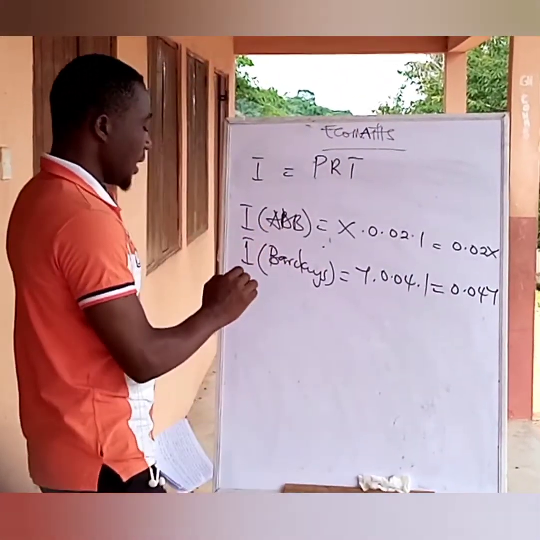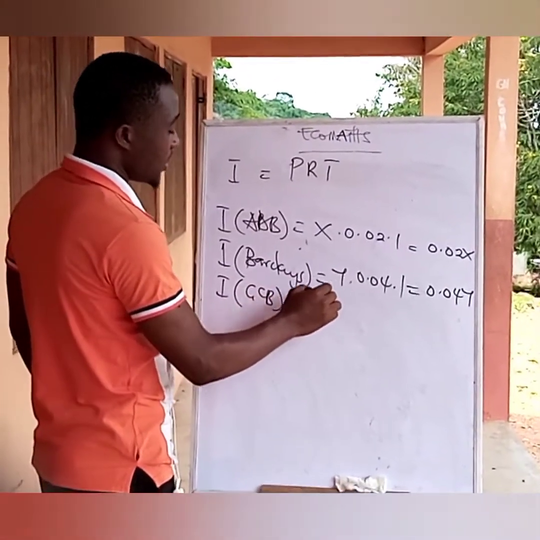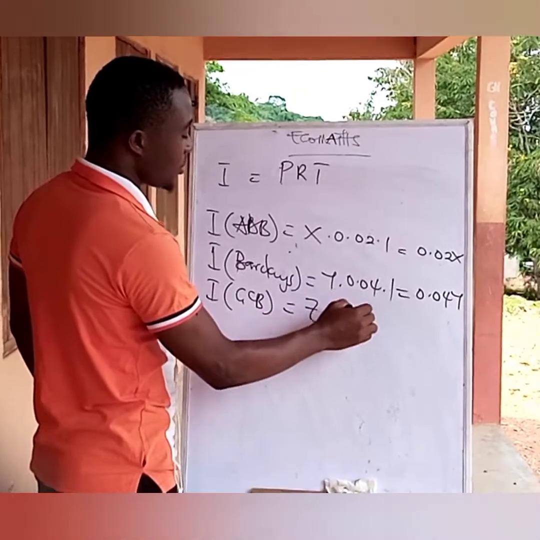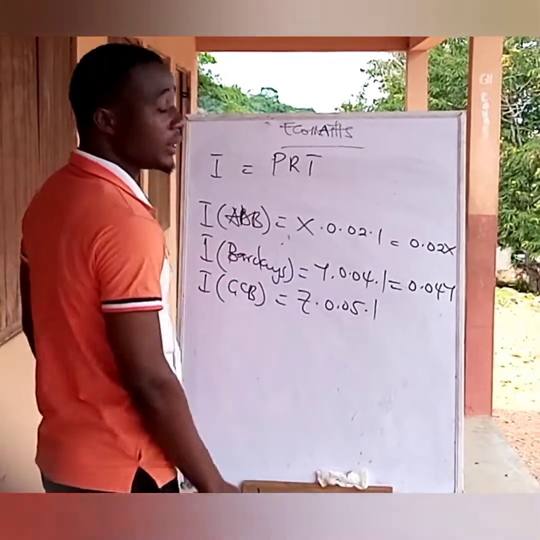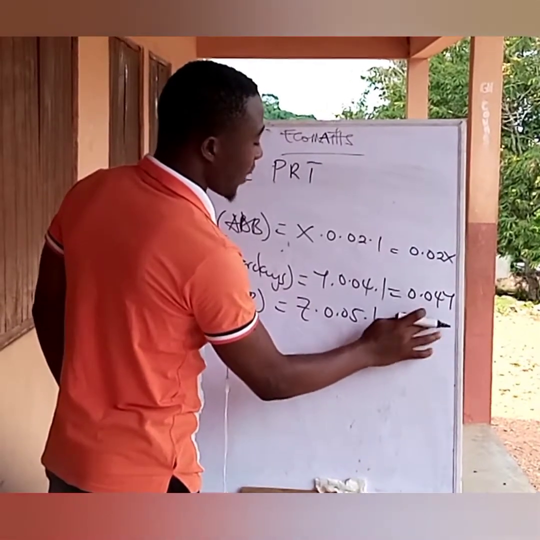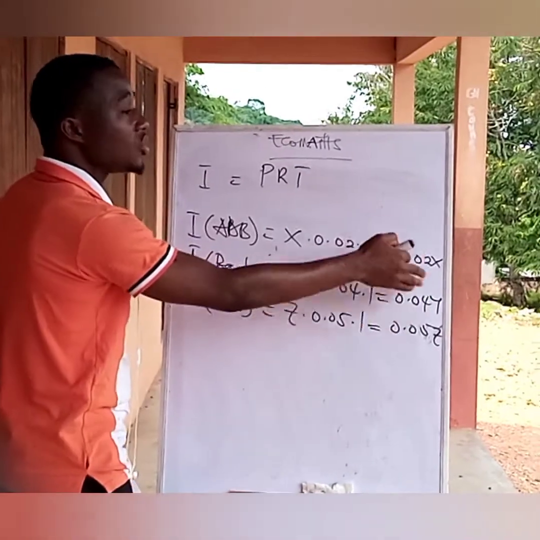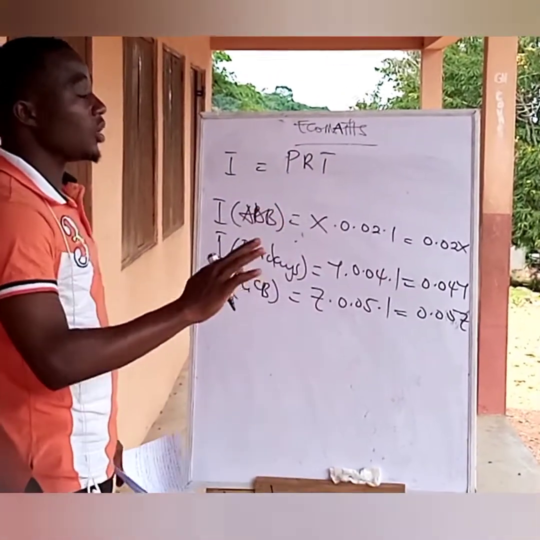Then interest for GCB is given by Z multiplied by the interest rate 0.05, and the time period is still 1. So we have 0.05z.